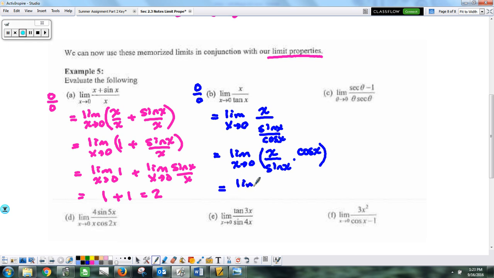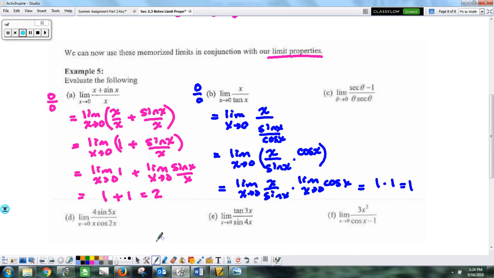So I can split this into the limit as x goes to 0 of x over sine of x times the limit as x goes to 0 of cosine of x, which gives me 1 times plug in 0, cosine of 0 is 1, so the final answer for that one is 1. So you used a trig substitution and did a little algebra to pull out this special limit so that you could then use your limit properties. The limit of a product is the product of the limits provided they exist.